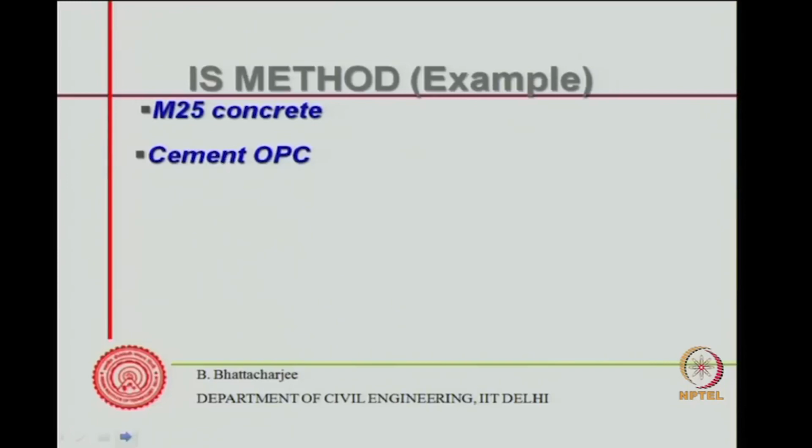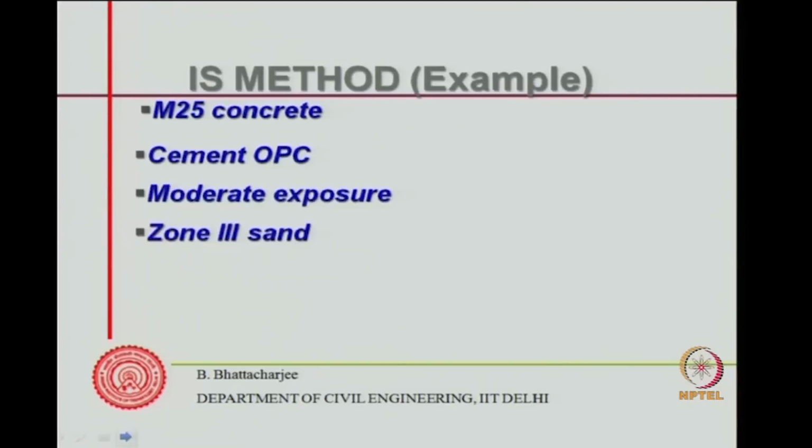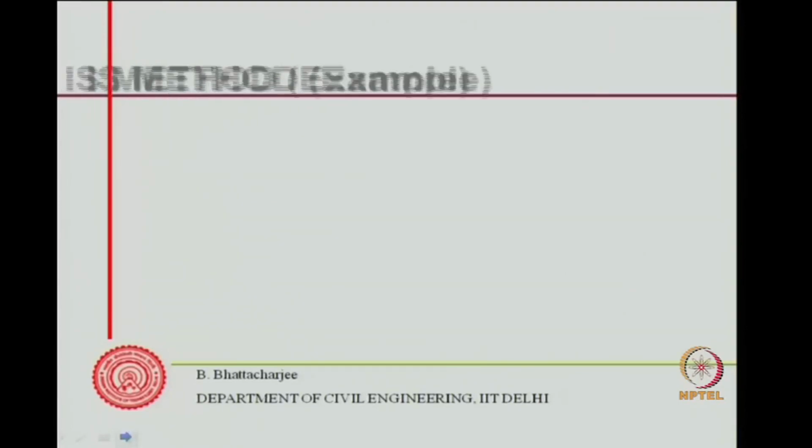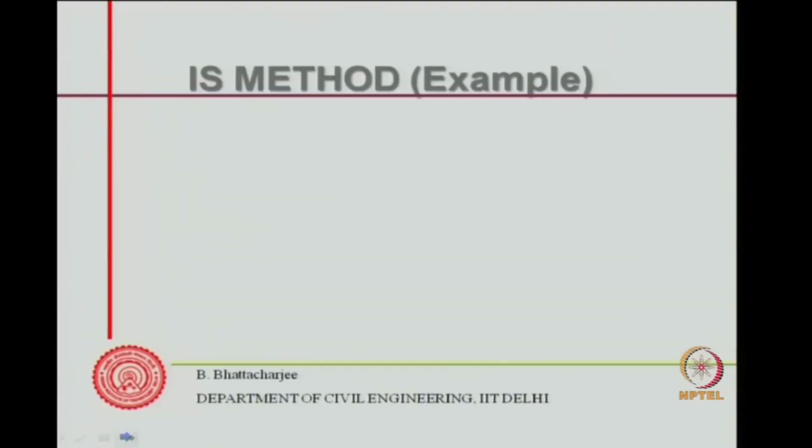Cement we are using is OPC, and assuming moderate exposure as far as the IS code is concerned, zone 3 sand, slump of 80 millimeter, normal strength concrete, and 20 millimeter MSA rounded aggregate. That is what we are using. So, the IS method we will use to find this out.